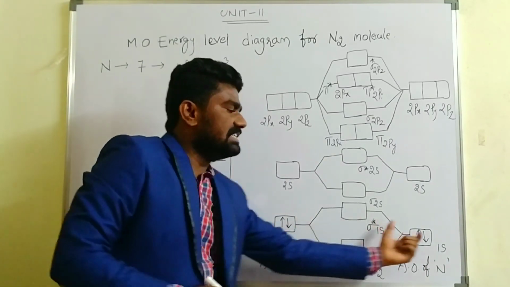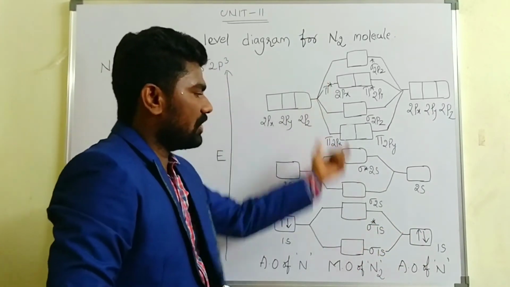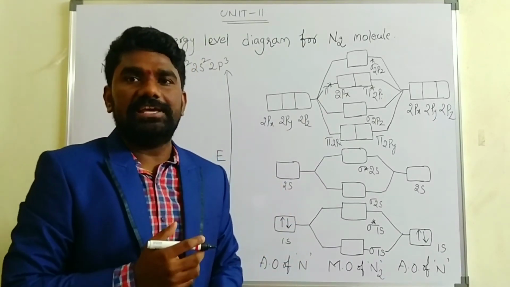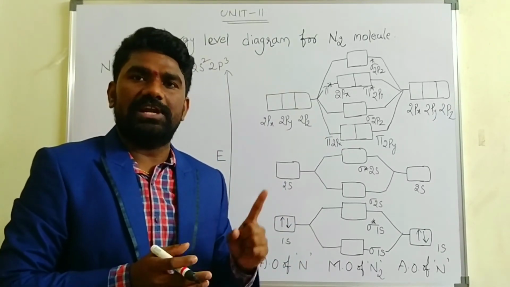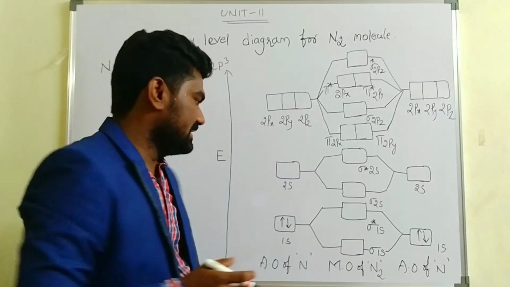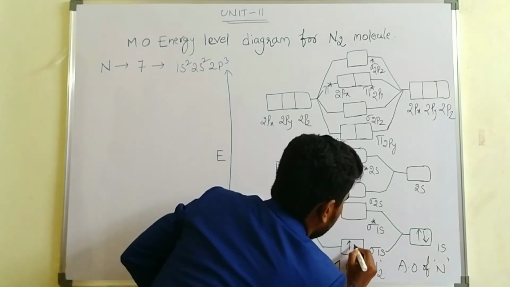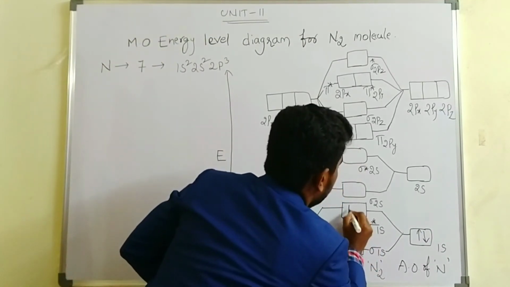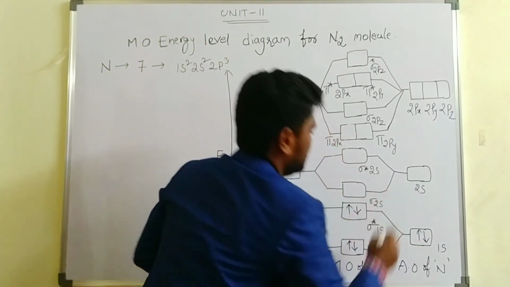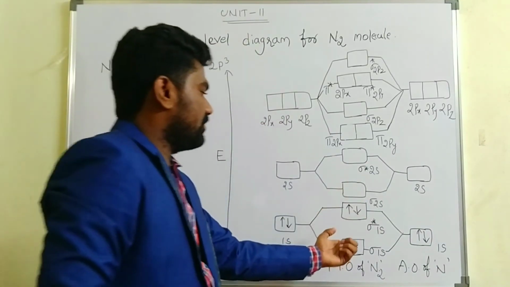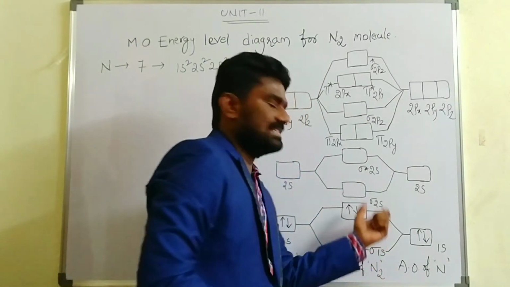So we need to fill these 4 electrons in the molecular orbitals based on the three rules, Aufbau rule, Pauli exclusion and Hund's maximum multiplicity rule, isn't it? These 4 electrons can fill like this, in sigma 1s and sigma star 1s.